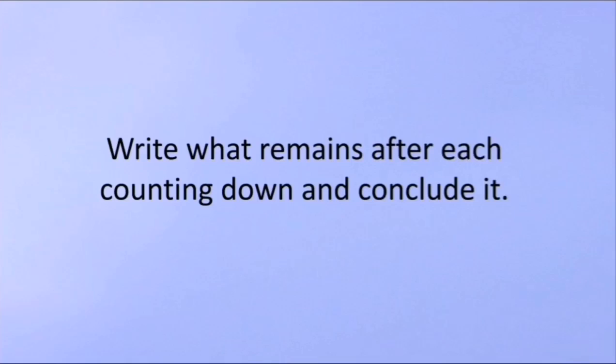Let's read the instructions. Write what remains after each counting down and conclude it. So, we will do the same as what we did in our last video. However, you need to really understand or read the instructions first.